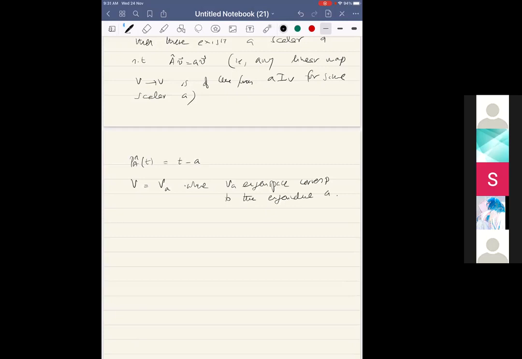So the whole vector space consists of only one eigenvalue, namely the scalar corresponding to A hat, and the whole vector space is just that eigenspace. That's all.